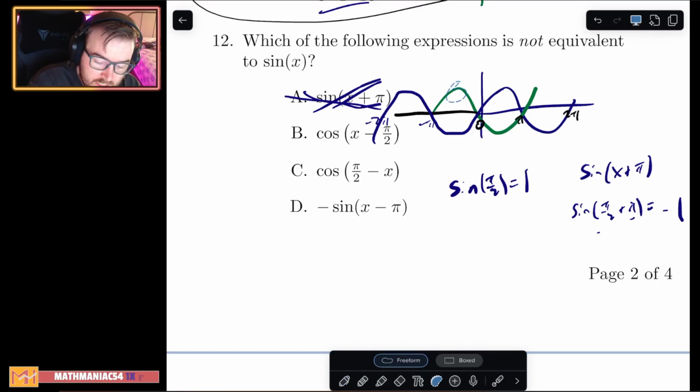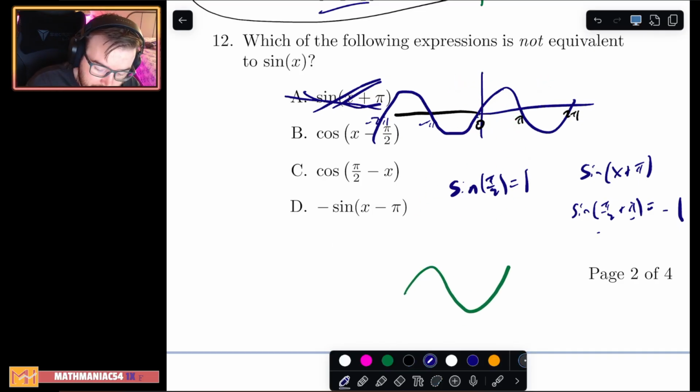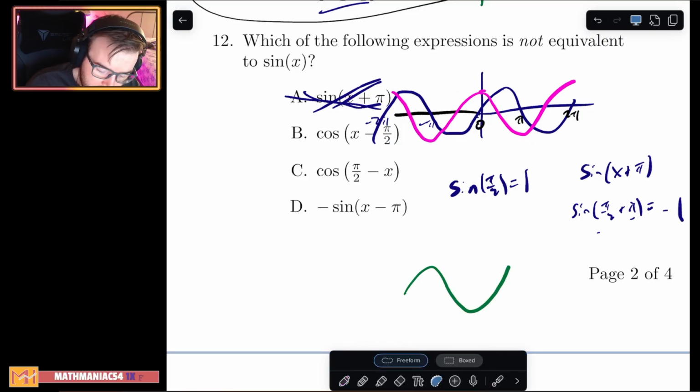So this is saying, what does the graph of cosine look like? It looks like this in pink, all right? And if I were to move it right pi over 2, which is right here in the middle, right?